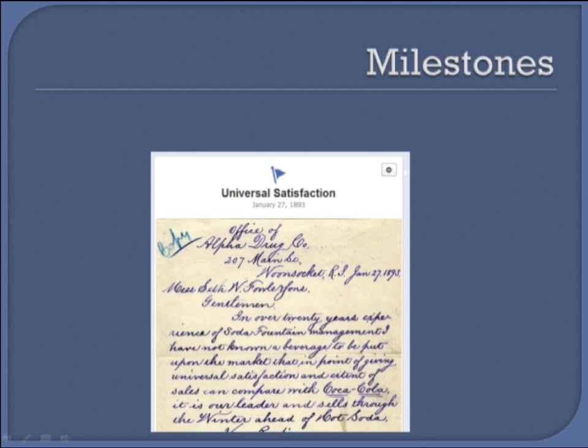And you can go all the way back to the 1800s, and as you can see here with Coca-Cola, January 27th, 1893, you can see the milestones here. So that concludes the anatomy of a Facebook timeline. Now that you understand it, you can tackle it in a much easier way.